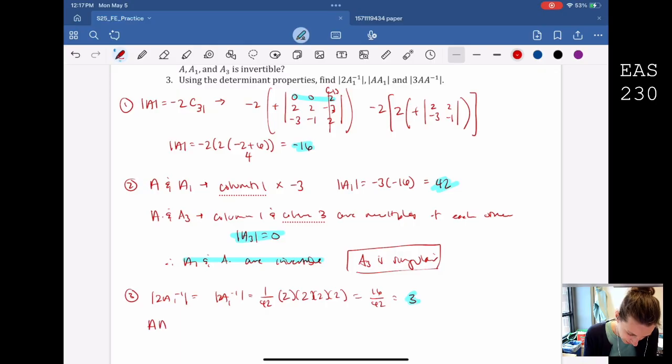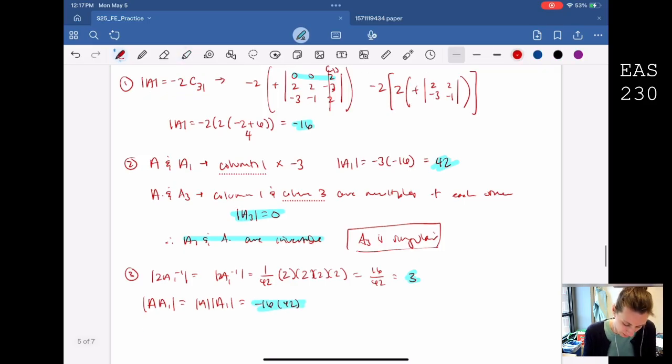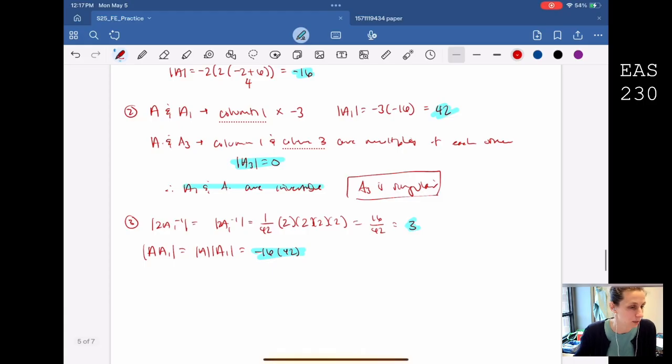The determinant of A times A1 is going to be the determinant of A times the determinant of A1, which is negative 16 times 42. You can multiply that by hand on the side, or with a non-graphing calculator that you are allowed to have.